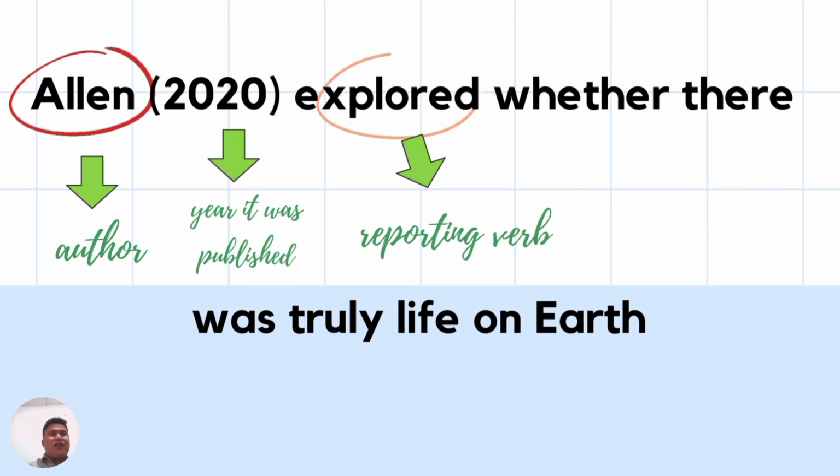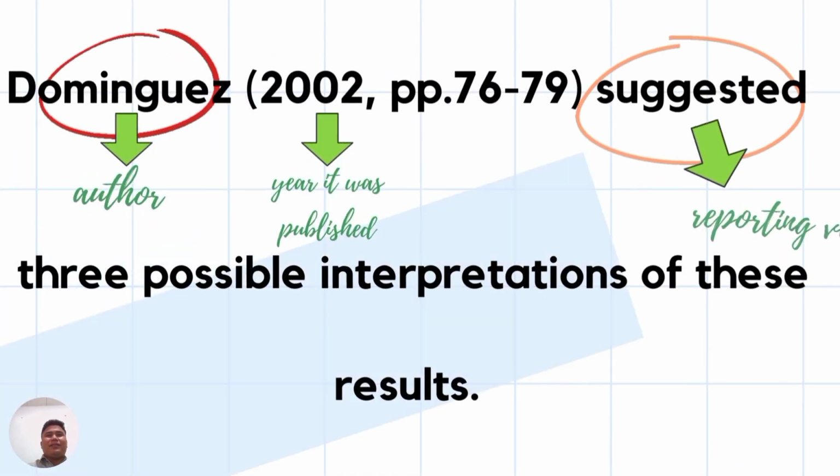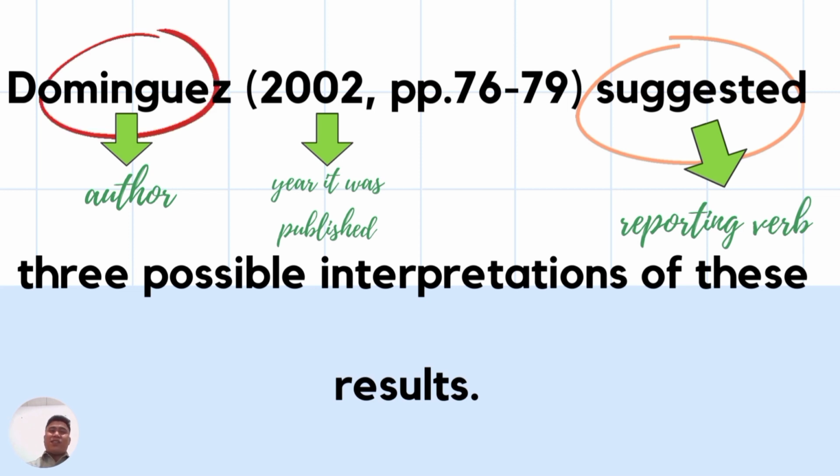Another one: Allen is the author, and 2020 is the year when the research was published, and the reporting verb is explored. In this statement, Domingos is the author of that text, while 2002, pages 76 to 79, is when the article was published and the pages where we can find this particular statement. And suggested is what we call the reporting verb.